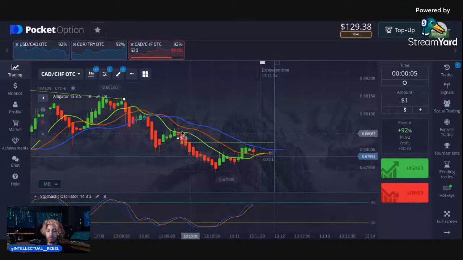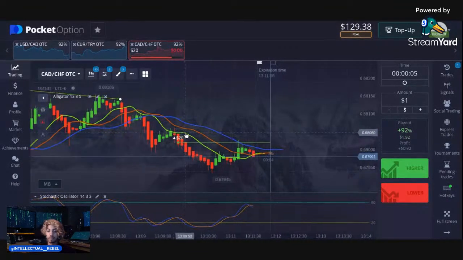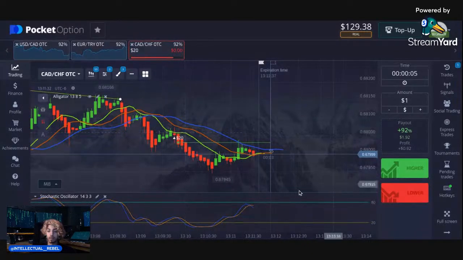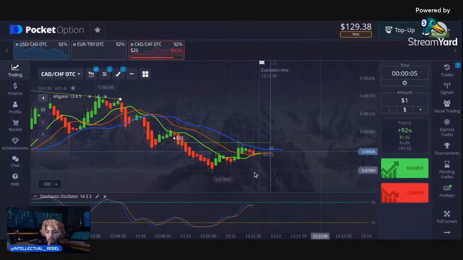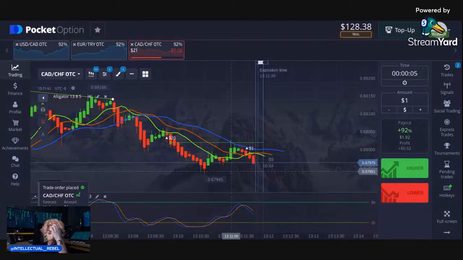Like if it tests this area, it's probably just gonna revert and not go to it, which I don't see why. That lag is just messing me up.